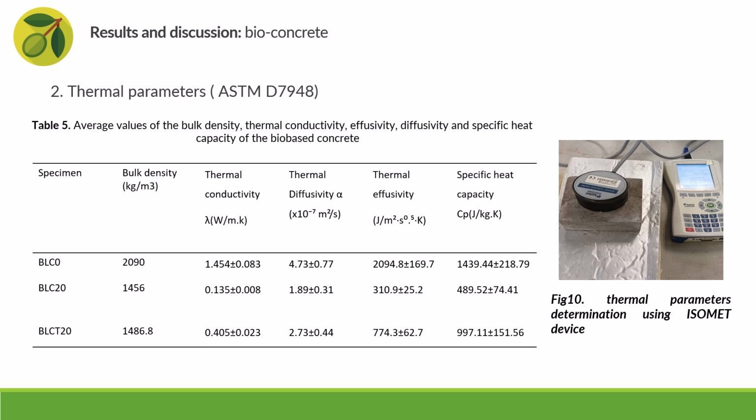Most importantly, the specific heat capacity nearly doubles, reaching around 997. This means that treated husk concretes can store more heat and therefore contribute to thermal inertia, helping to stabilize the indoor temperature over daily cycles.